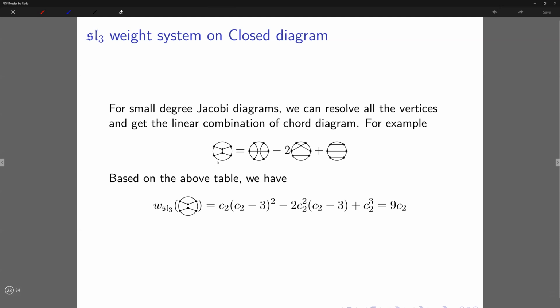And also this closed diagram is actually the projection of this chord diagram. That's actually this chord diagram, and this is the result. This is the example before. And because we say that all the connected closed diagrams are primitive, this is an example.